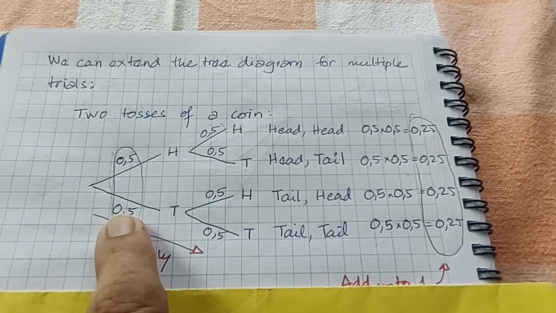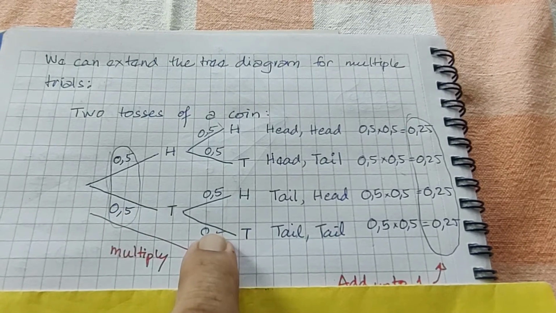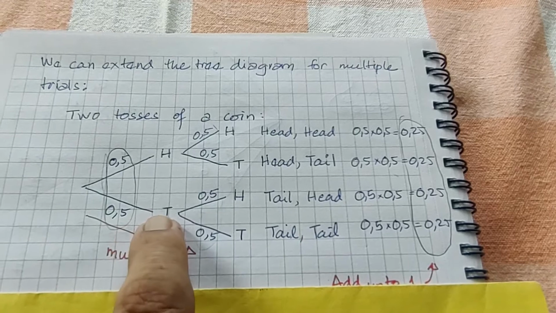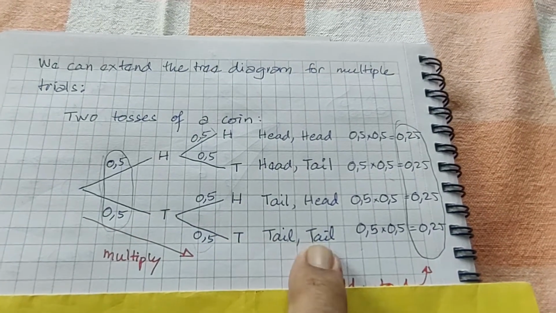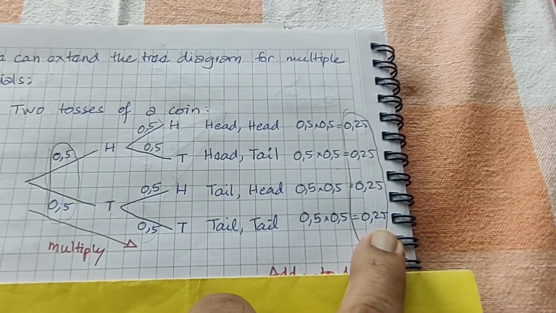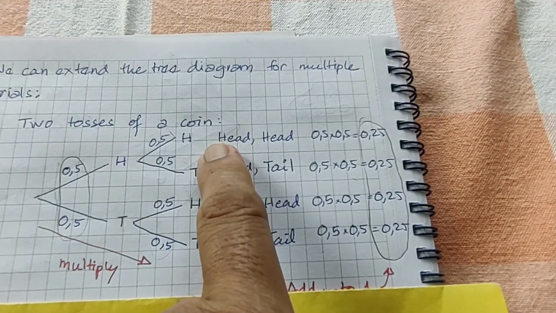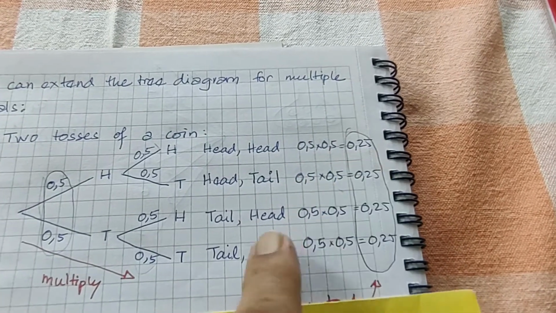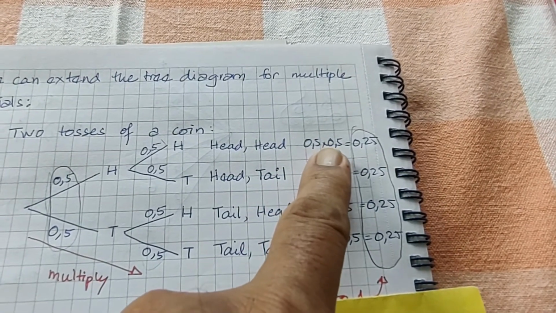So the probability is half here and then the probability is half here. Then the probability in this experiment of getting tail and tail is 0.5 into 0.5, which is equal to 0.25. Similarly here, head and head, 0.5 into 0.5, 0.25. Why 0.5 into 0.5?